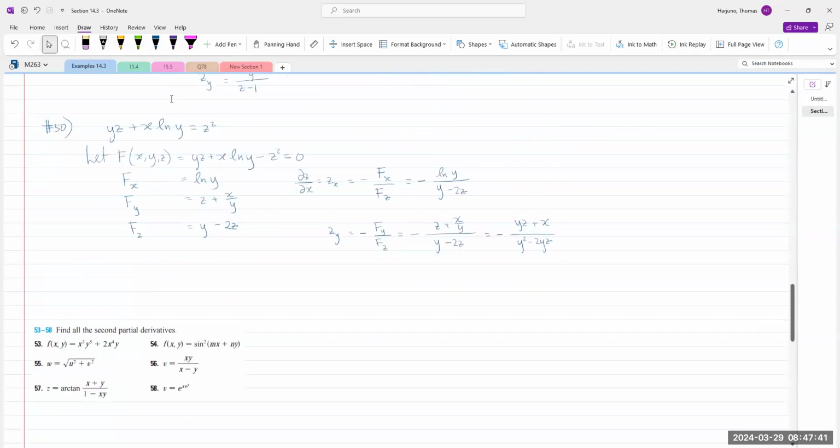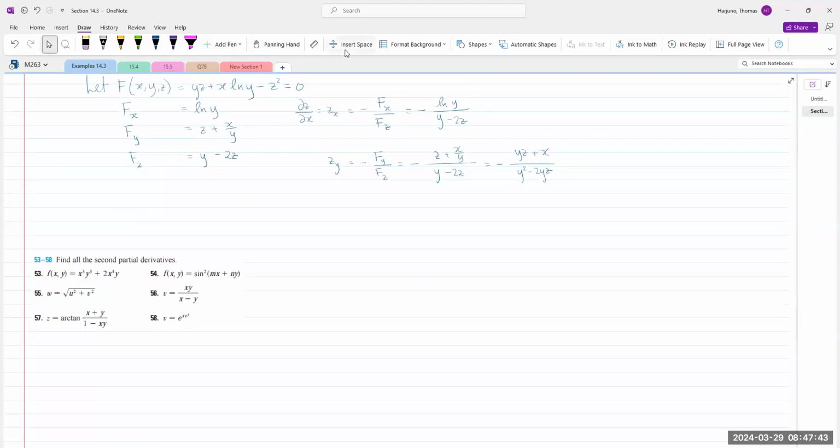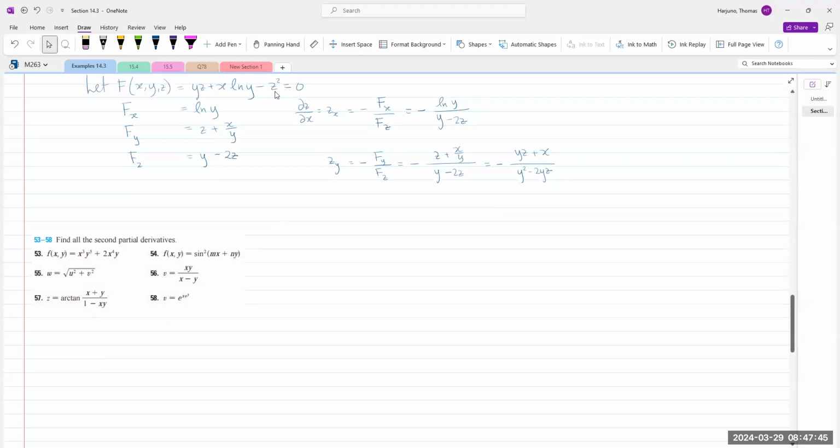Let's go on further. Find all second partial derivatives. Okay, so let's start with number 54 first then, at least see that as a warm-up. Okay, f of x, y equals sine squared of (mx plus ny). So we first have the partial with respect to x and the partial with respect to y, right? Let's do them first.